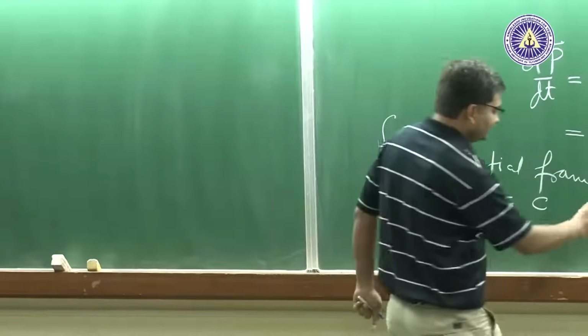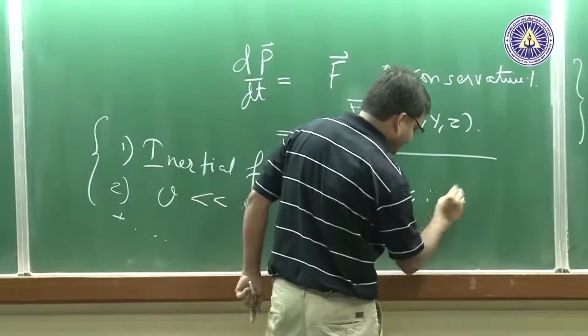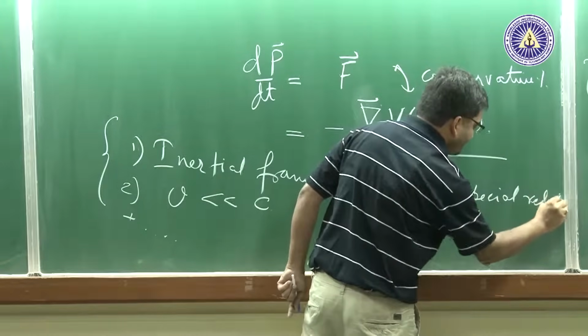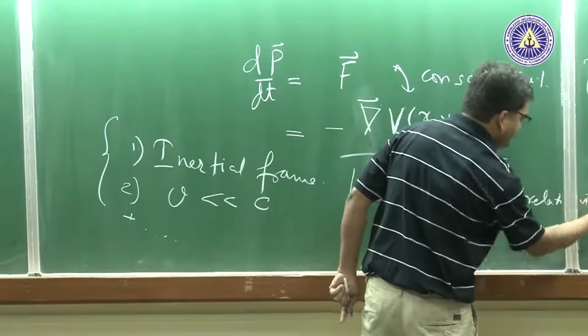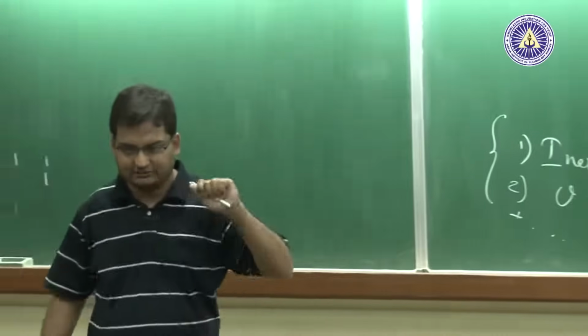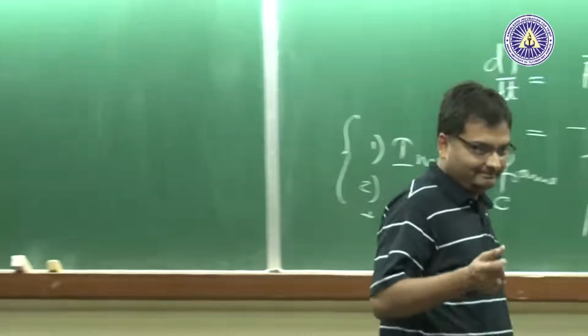So, for v equal to c, I can have special relativity. Okay. So, some hint was small scales, for example, but is small scale sufficient?